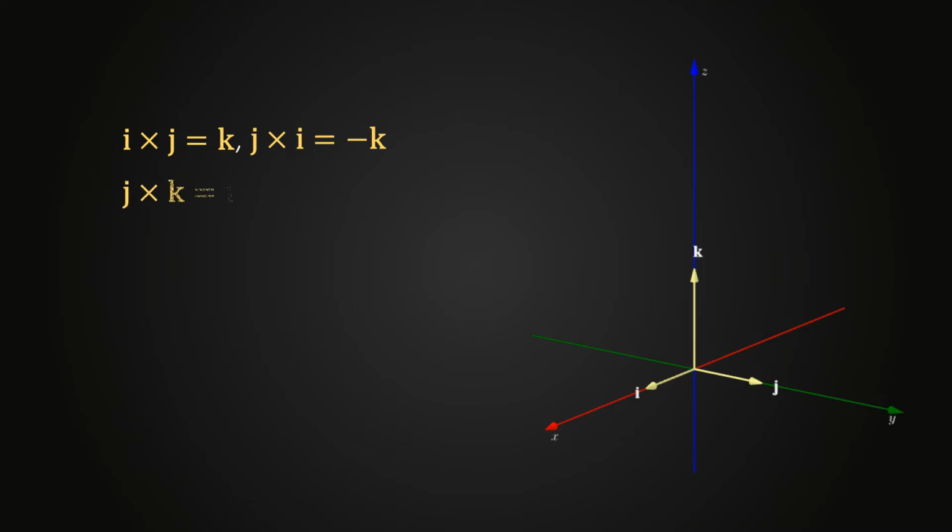Similarly, we can get the following cross products. We have learned earlier that the cross product of a vector with itself is the zero vector. Hence, we have the following cross products.